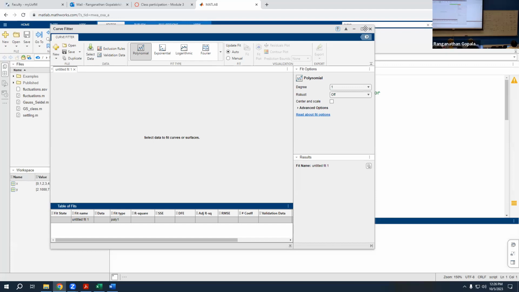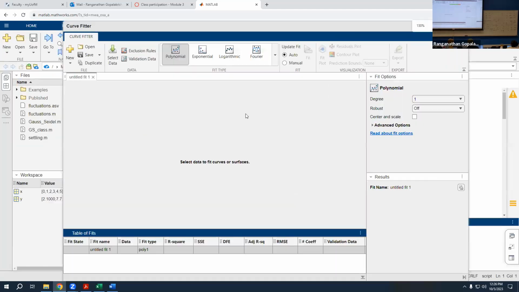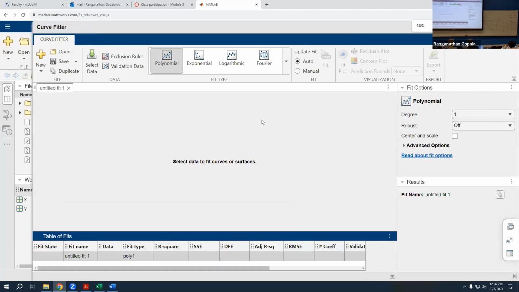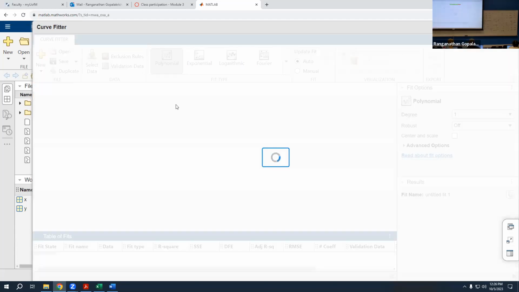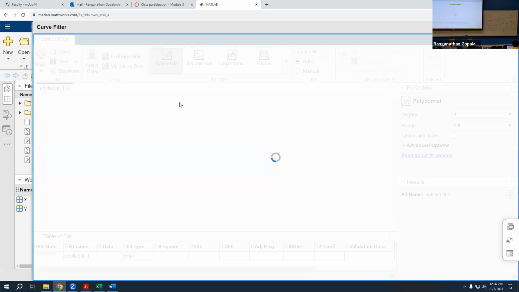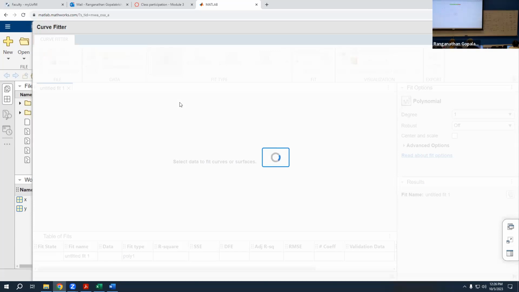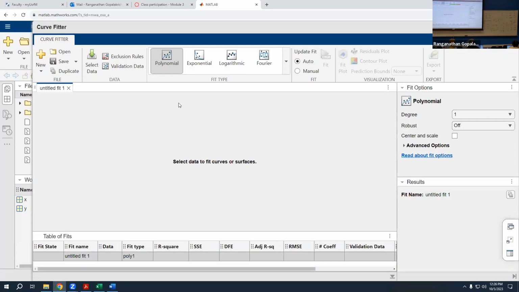All right. So for those who are trying this, go to the fitting app, okay, and let's get a new session. So far you have been learning all the concepts behind curve fitting.